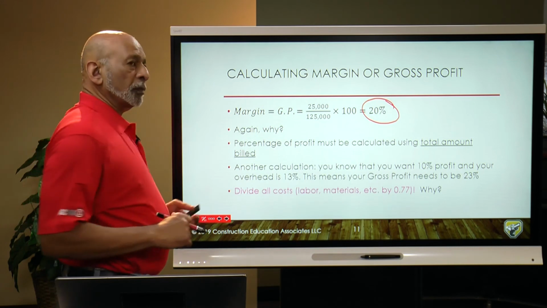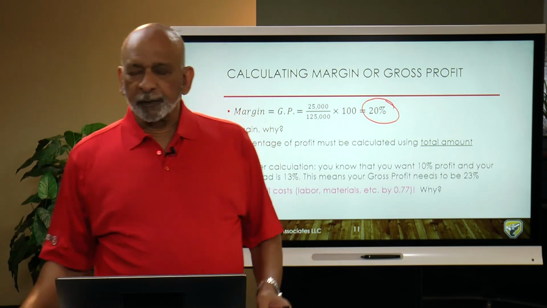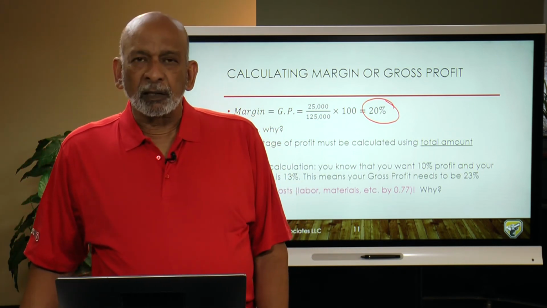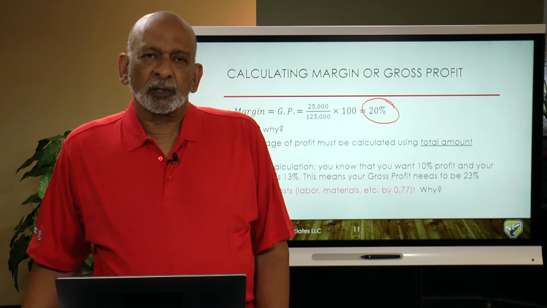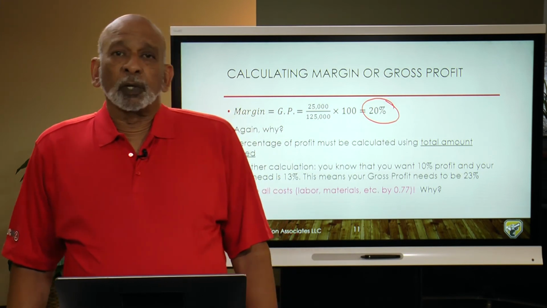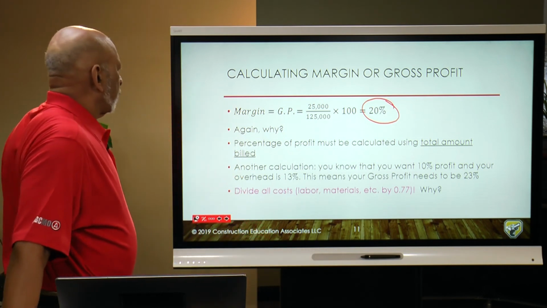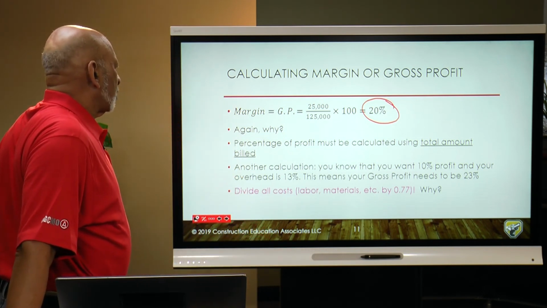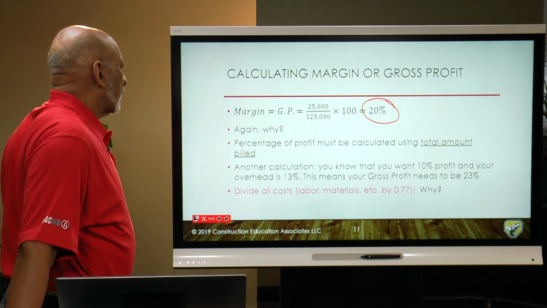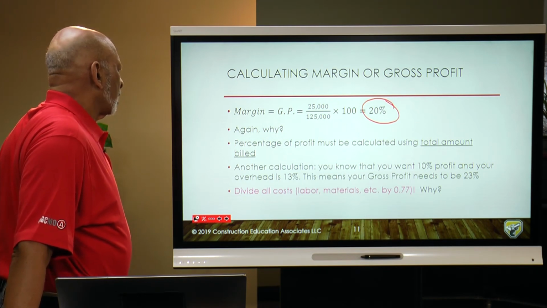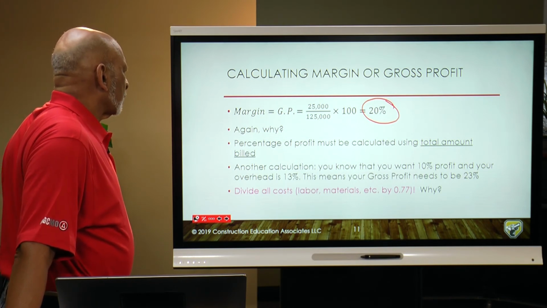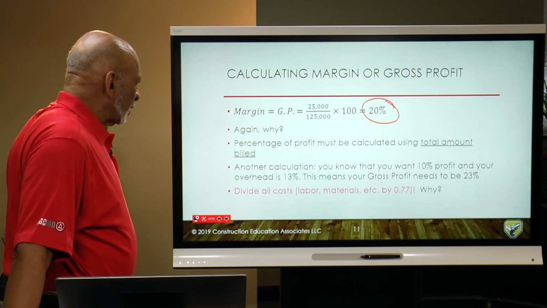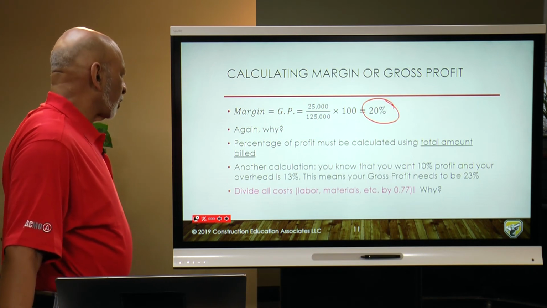So even though you made $25,000 on a project that basically cost you $100,000 to do, you're only making 20% profit. So if you really want to make 25%, you go at it a slightly different way, because you have to begin by using the total amount billed. So make sure that that's how you do it.